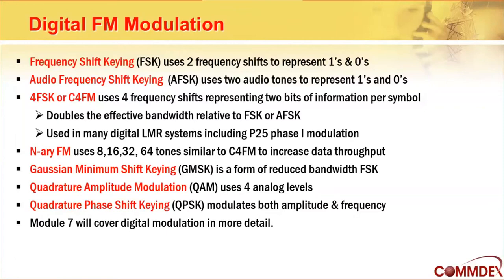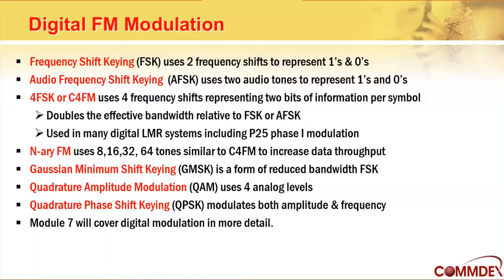Then we have the most common type of digital modulation that we'll encounter in LMR, which is called 4FSK, also known as C4FM. That uses 4 different frequency shifts, each shift representing 2 bits of information. So because each shift now represents 2 bits of information, we can double the effective bandwidth relative to FSK or AFSK, which only represent 1 bit per shift.